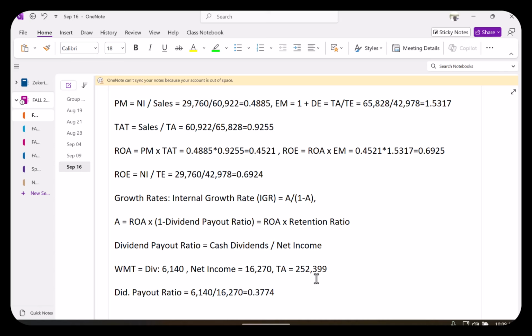So Walmart pays about 38 cents of every dollar they make, at least last year.